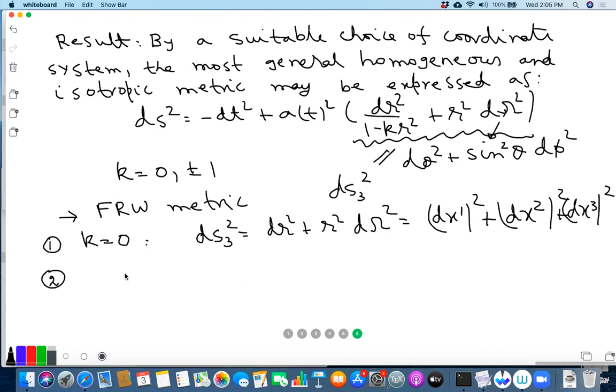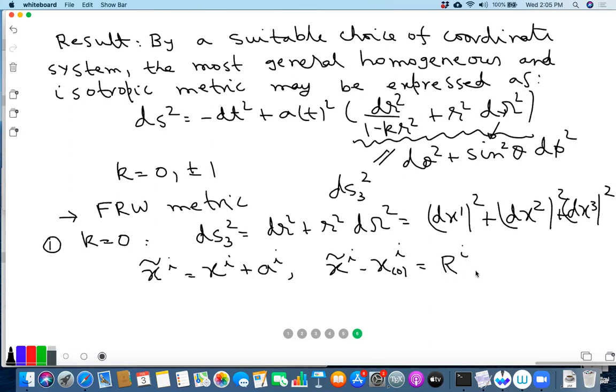Okay, so let me write it a little more. The homogeneity transformation is x tilde i equals xi plus ai, and the isotropy is x tilde i minus x naught i equals R ij times xj minus x naught j, where R is a rotation matrix.